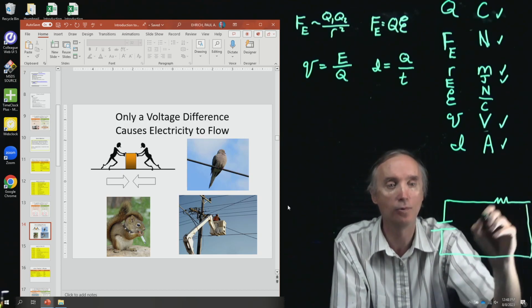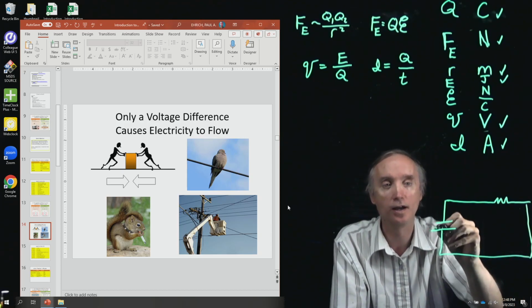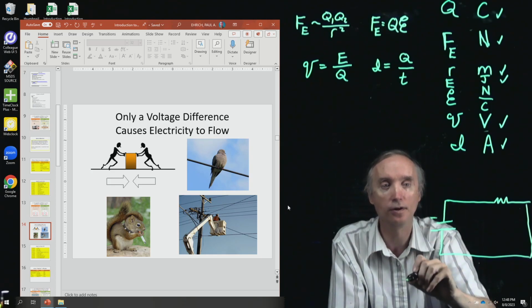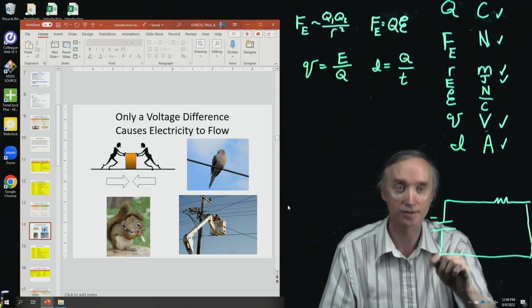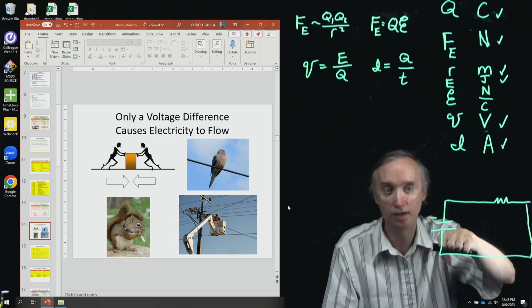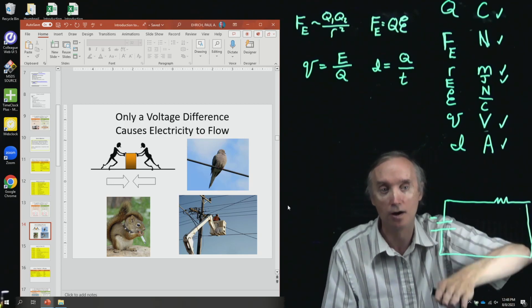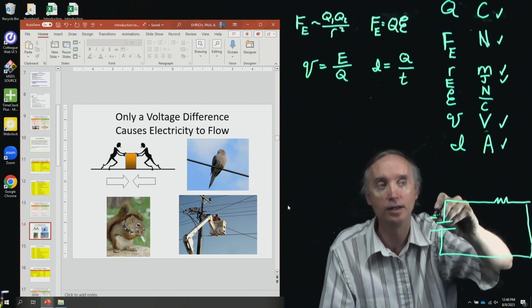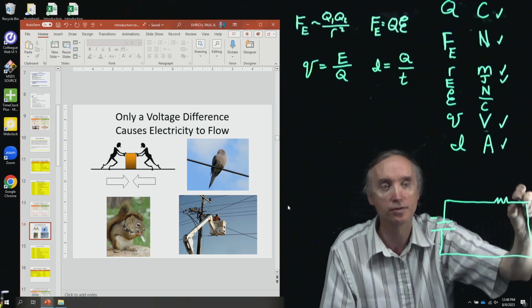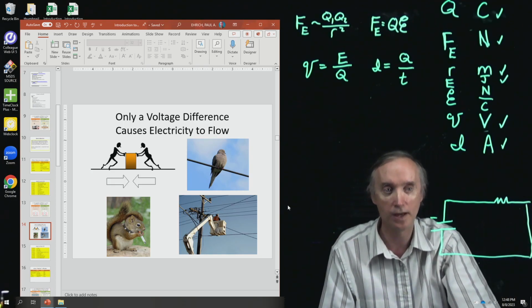The electrons are going to come out of this thing here. They're being pushed by voltage. It's a chemical thing. The chemicals inside the battery are giving energy to the electrons, and then they come out, go through the resistor, and then go back to the battery.